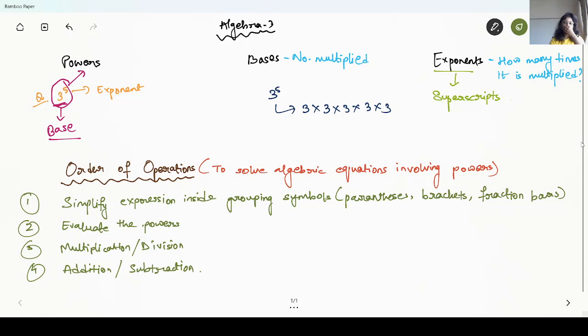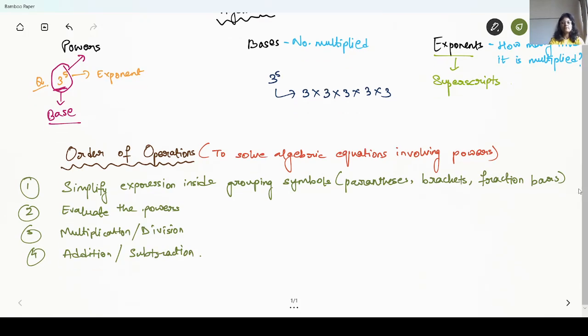Now let us take an example to understand this. We'll go to the next page, so you can take a screenshot of this.